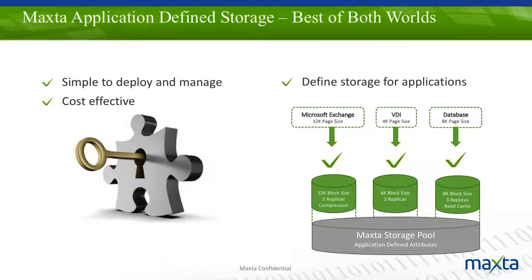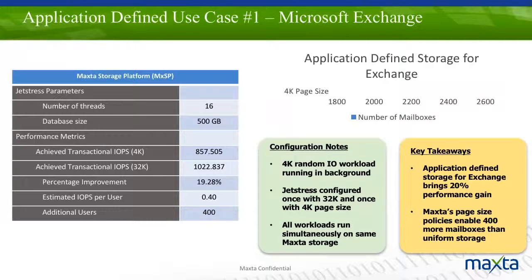So we'll talk about a quick example. One quick use case, and this is by no means extremely deep dive testing, but we ran some quick testing in our configuration lab back at headquarters, and the purpose was to test this page size attribute that we can actually change on a vDisk.